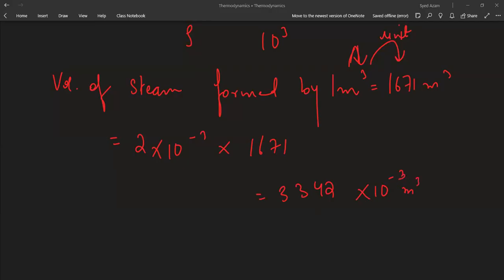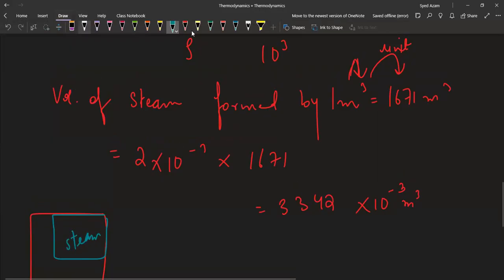Now what should we do with this volume? Let's say this is the total volume we have got, 3342. From this, some amount has evaporated. 2 kg has been converted into steam. So what amount is left right now?